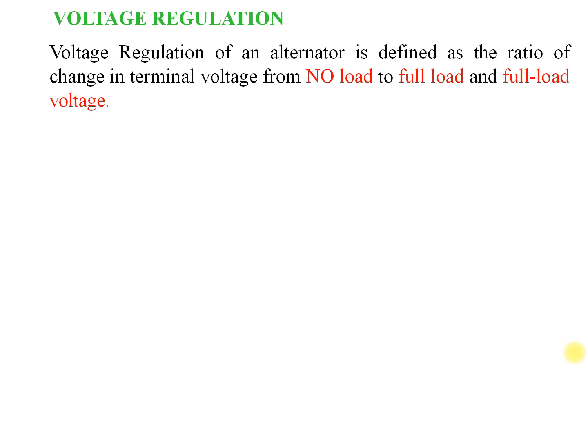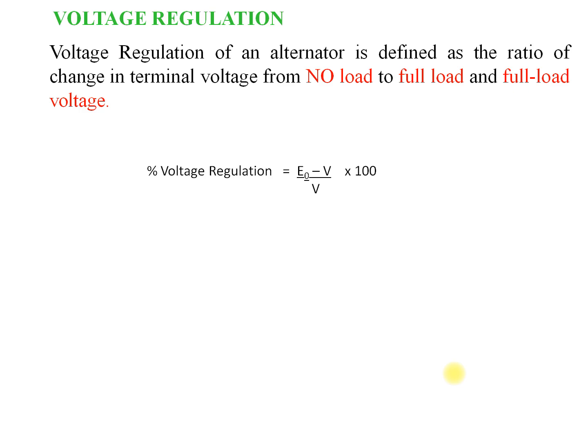So, what does this particular definition mean? If you have any voltage generating device, that device may have a particular voltage that is different for no load and full load.